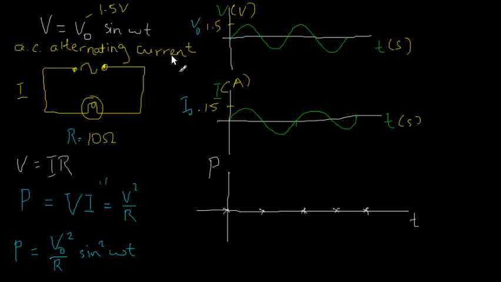And the part where the voltage is highest, because power is related to V squared, R is fixed. So if V is highest, P is also highest. So that's the highest at that point and at that point. Now, the negative part will become positive when you square it. So this is the most negative part.